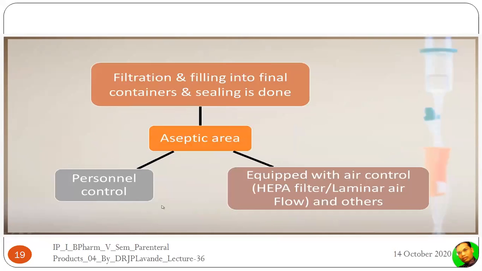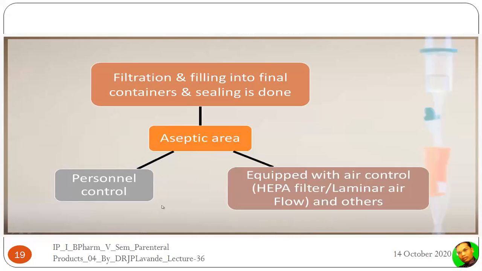The aseptic area, again, the degree of cleanliness is very, very high. The entry of personnel is strictly controlled. Only the people who are going to be working in that area, who are going to be carrying out the process of filling and sealing, should be there. And their entry should be controlled.